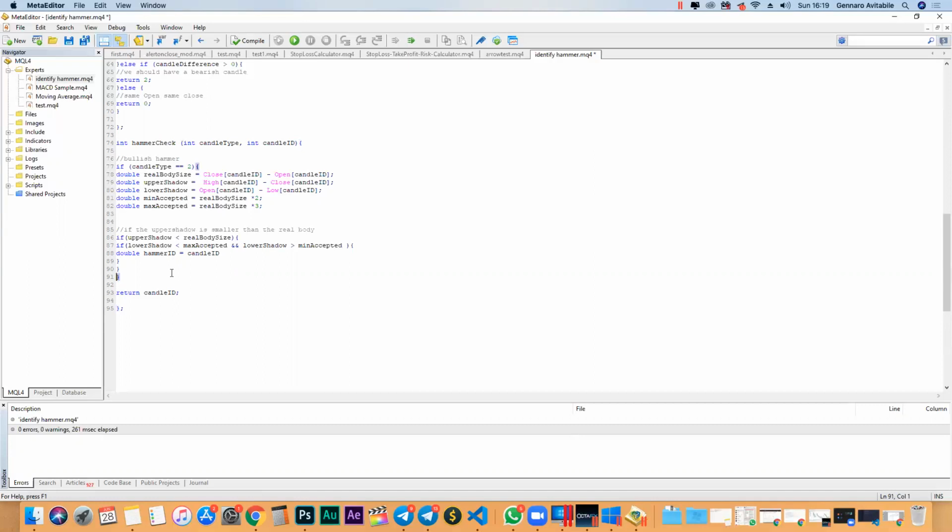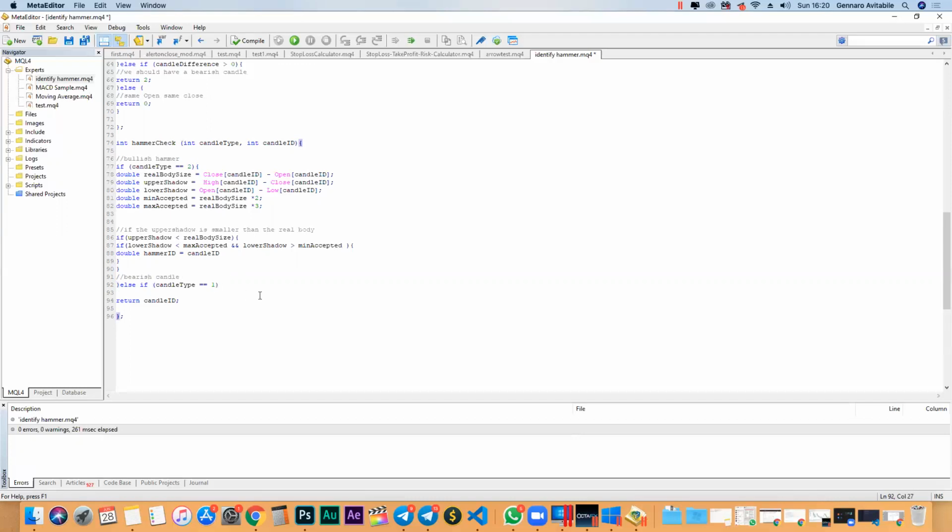All right. So here, else if candle type is going to be equal to 1. So at this time we have a different thing. We have a bearish candle. Well, we don't even need to do this. We just need to do bearish candle.